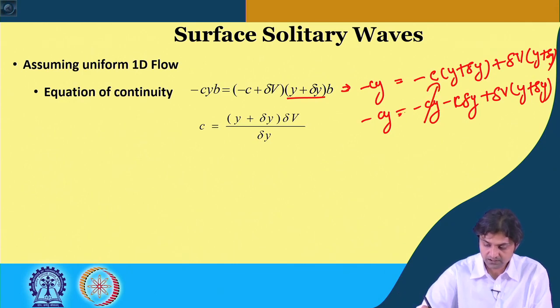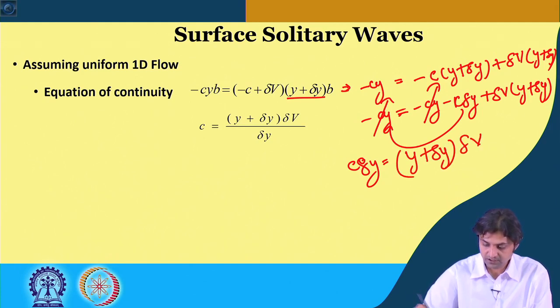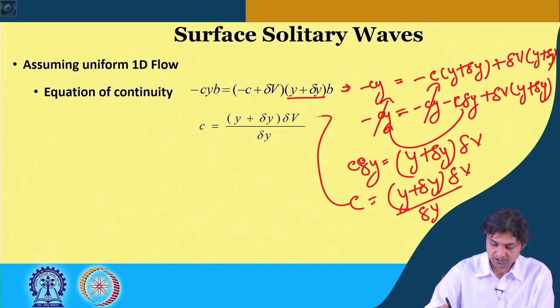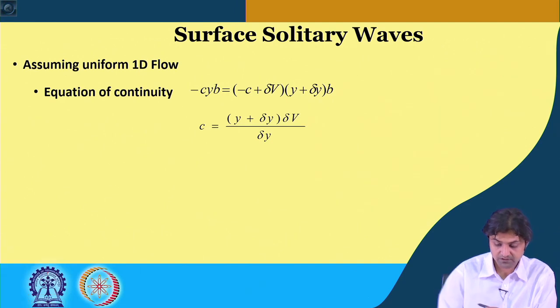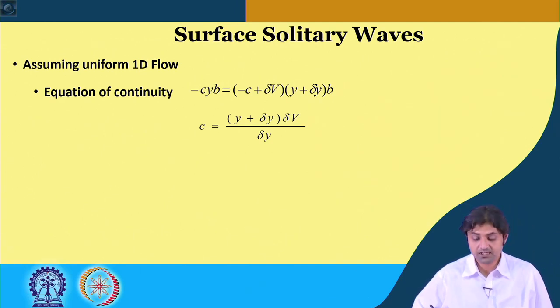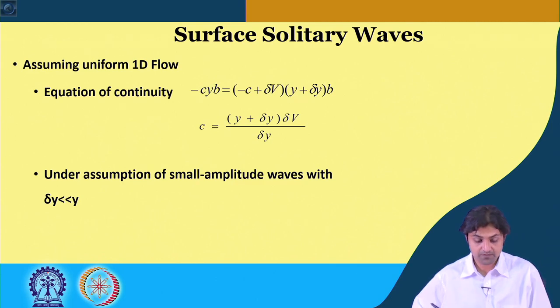The minus C y cancels on both sides, and we get C delta y equal to y plus delta y multiplied by delta V. So, C can be written as y plus delta y into delta V by delta y, same as it is shown here. To make the presentation clean, I will just take away this small derivation. So, C becomes y plus delta y into delta V by delta y.